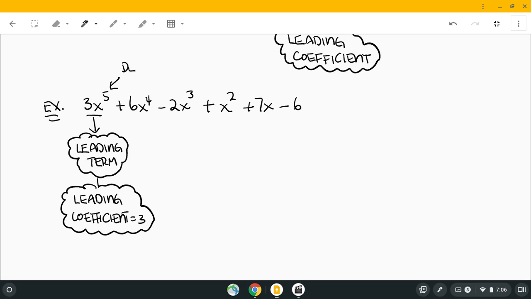This tells us what degree polynomial we have. And the constant term is negative 6.